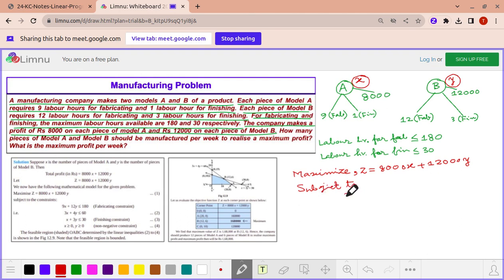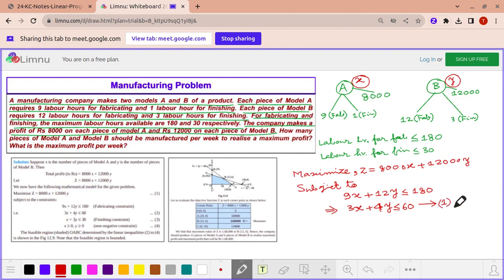So subject to, it is 9x plus 12y less than or equal to 180. We can simplify by dividing both sides by 3. So it becomes 3x plus 4y less than or equal to 60. That is the first constraint.